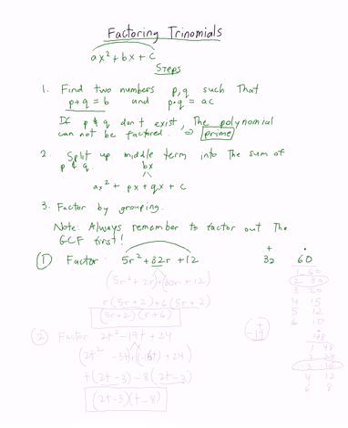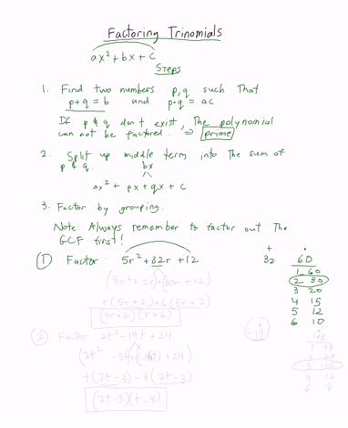So we want to multiply to be 60 and add to be 32. Let's write down all the things that multiply to be 60. We've got 1 and 60, 2 and 30, 3 and 20, 4 and 15, 5 and 12, 6 and 10, and that's it. Now notice that between these, 2 and 30 are the ones that add up to 32.